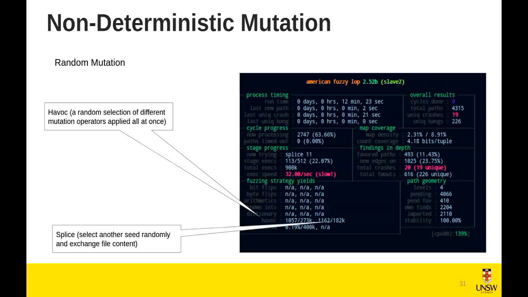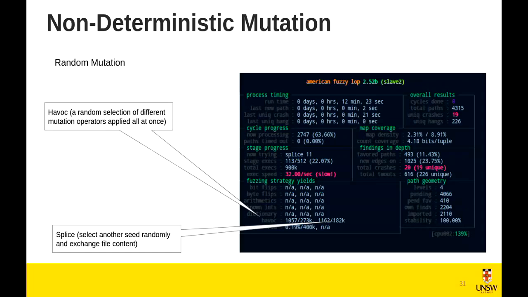And the second one is called splice, and the result of splice is displayed here. Given the current seed, AFL will try to select another seed randomly from the queue and exchange a part of the file content across these two files. So it's like splicing the test input and replace it with the content from another input. This is also done randomly.